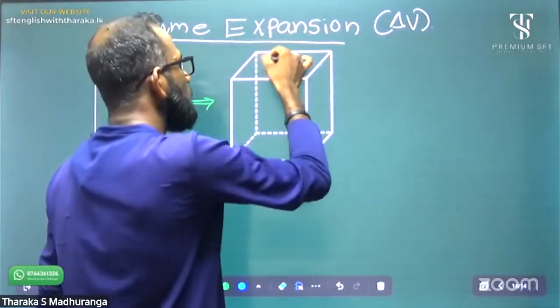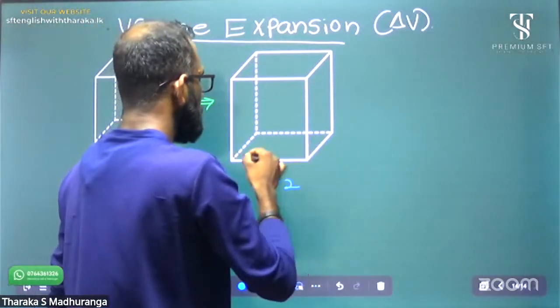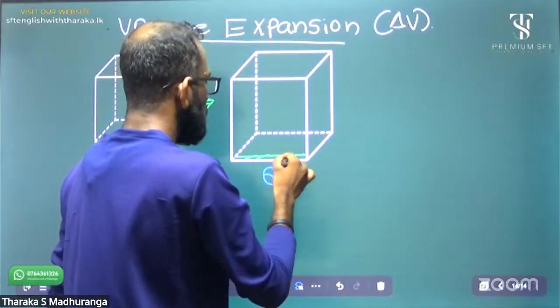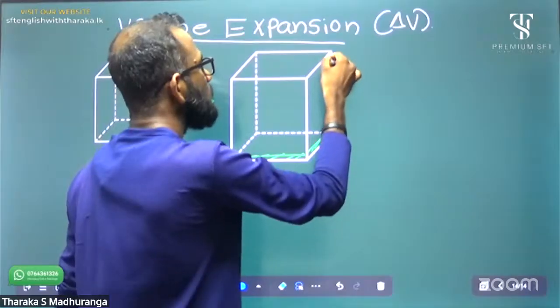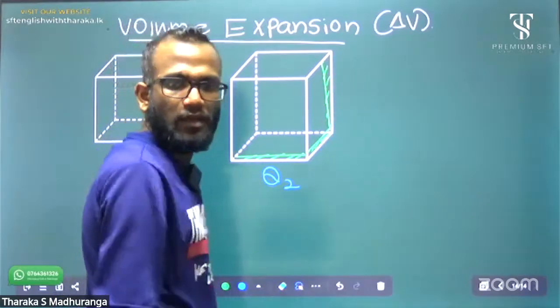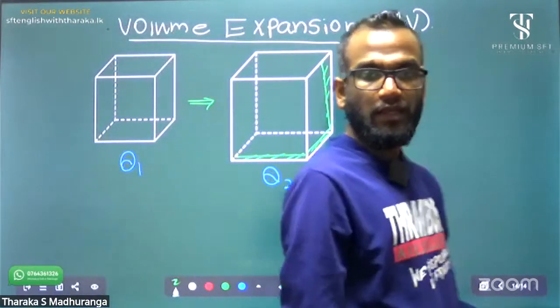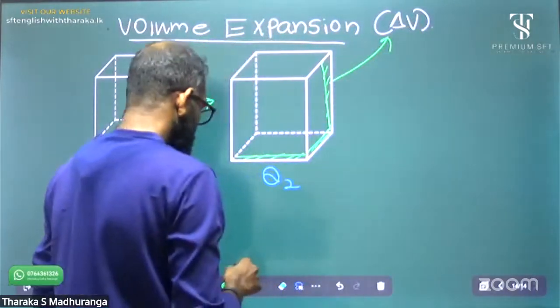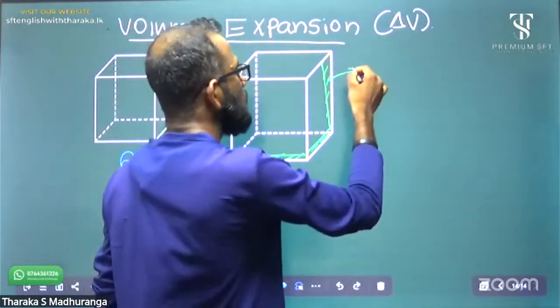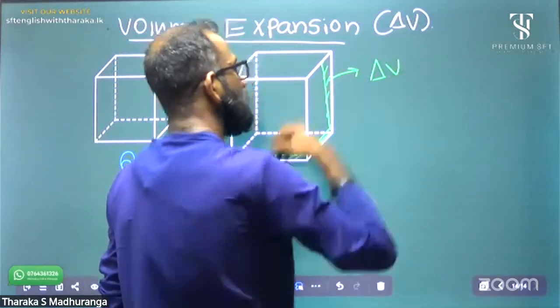Length, width and height are increasing. That's why we call this increased amount delta V, the volume expansion.